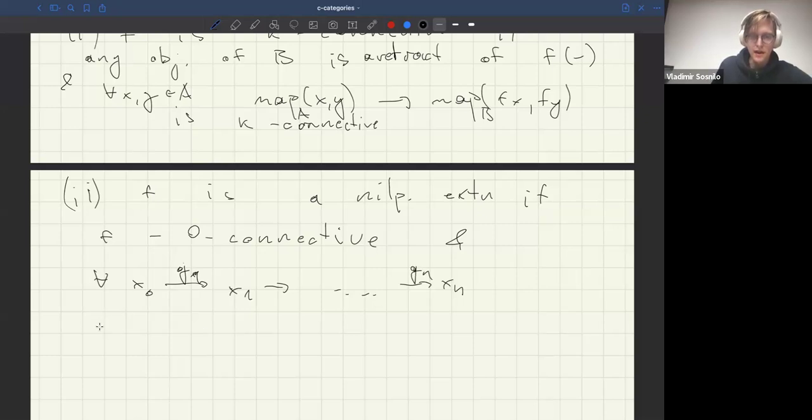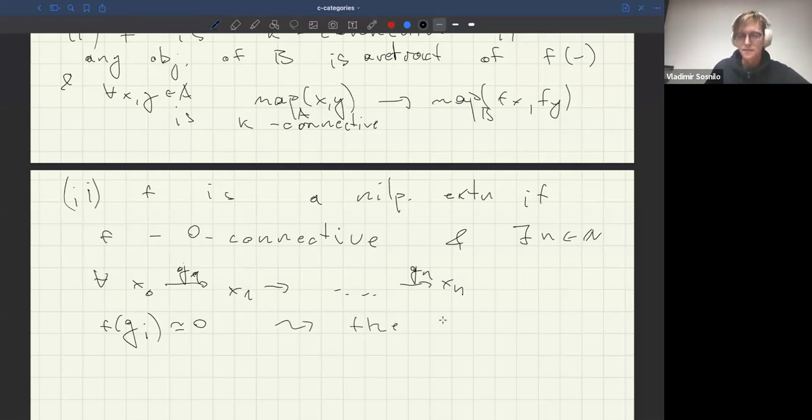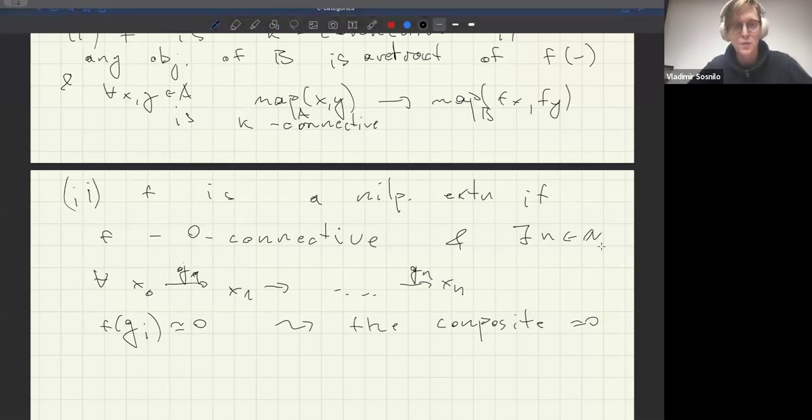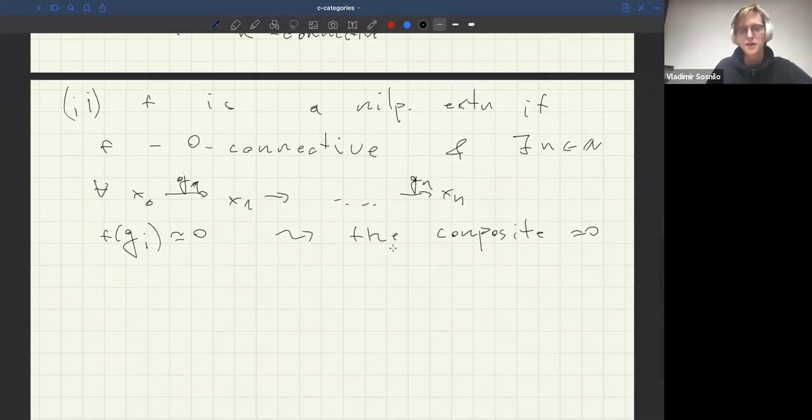There exists an integer n such that if we have a composable sequence such that each of the morphisms F of gi becomes 0, then the composite has to be 0. Okay, so this is pretty straightforward. You don't need to think too much about this definition.